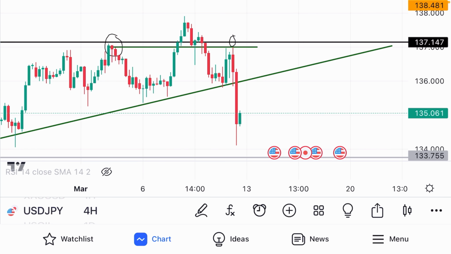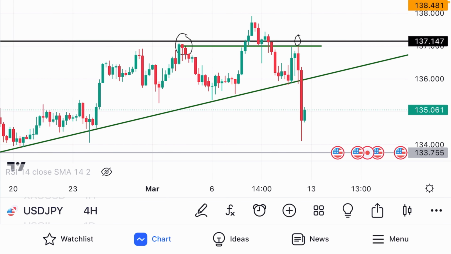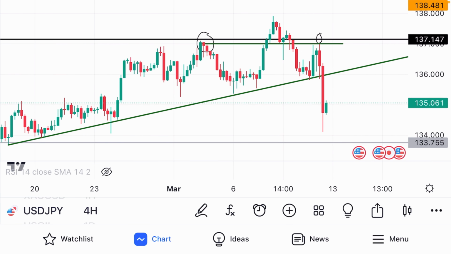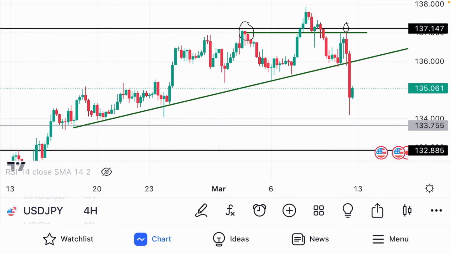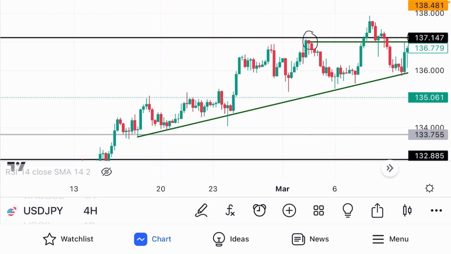For the next example, this is USDJPY. Same analysis. On USDJPY, on the 4-hourly, we had our trend line right here. But what I saw on USDJPY was actually something ironic.